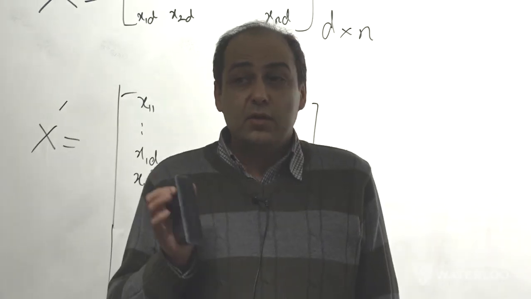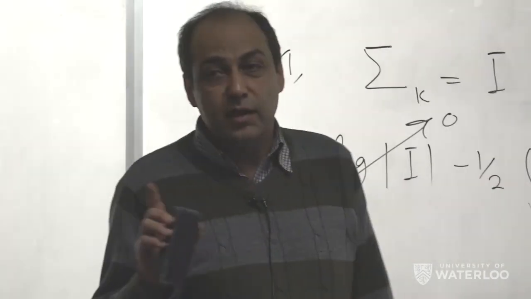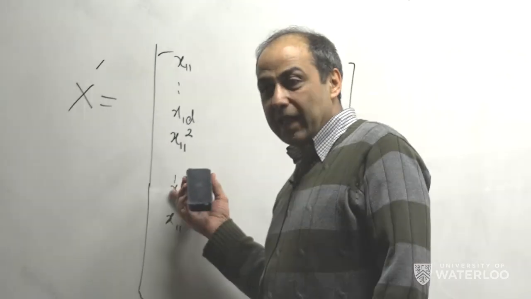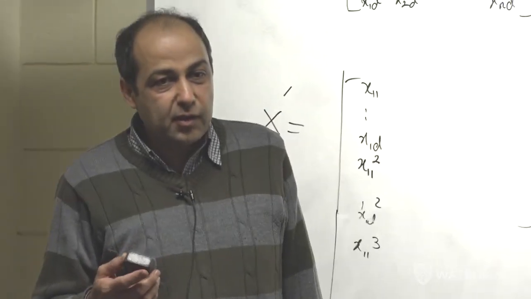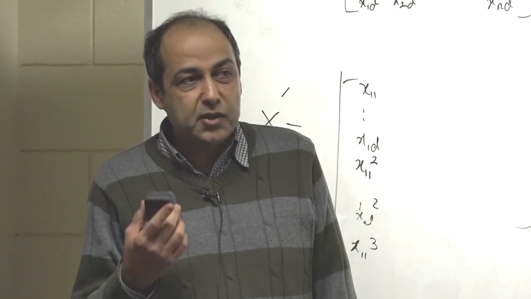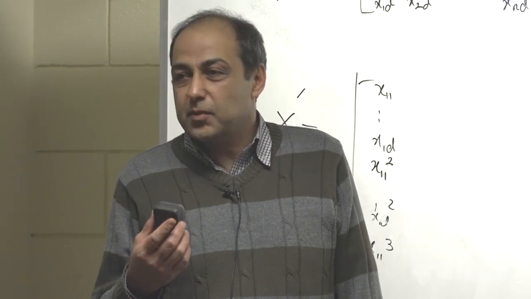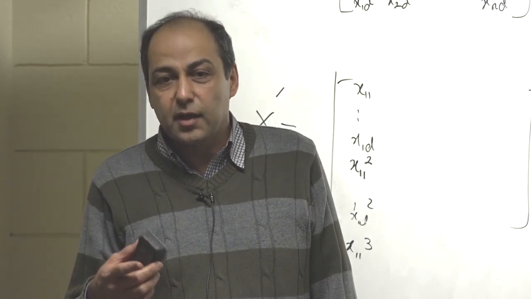Okay, so if you don't have questions, I'm done with LDA and QDA. Just let me add something in terms of name. In some texts and some books and some papers, what we call LDA, they call it Fisher discriminant analysis. What we call Fisher discriminant analysis is a technique for dimensionality reduction that we're going to cover next lecture.